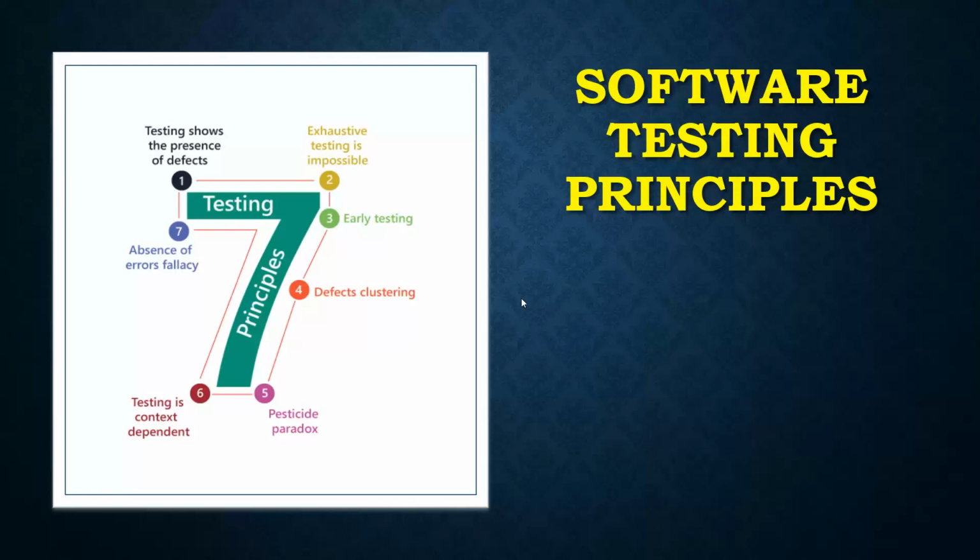So I hope you guys understood these seven principles. That means what to test, where to test, how to prioritize the defects, how to communicate with the team, and how to say this is not 100%, but we can say 99% the software is tested by me or my team. So any question on these seven testing principles?